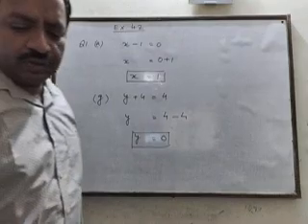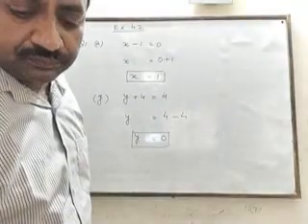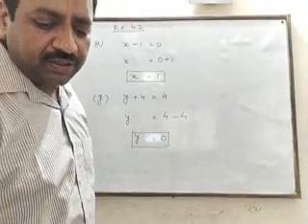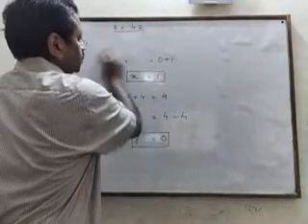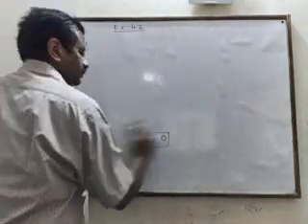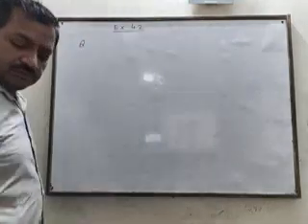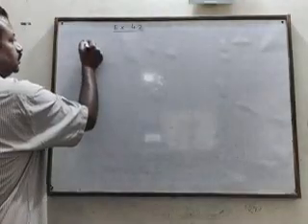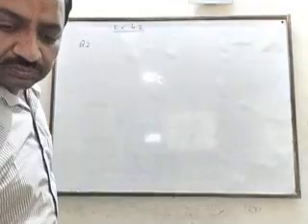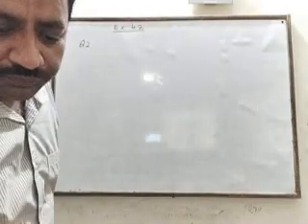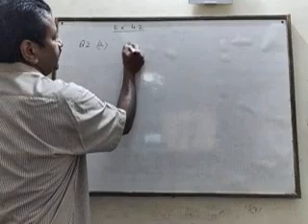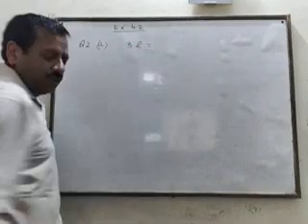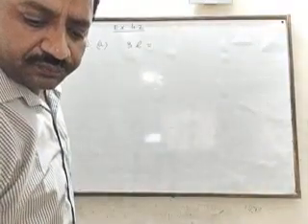Similarly, in question number 2, A part: 3L equal to 42.